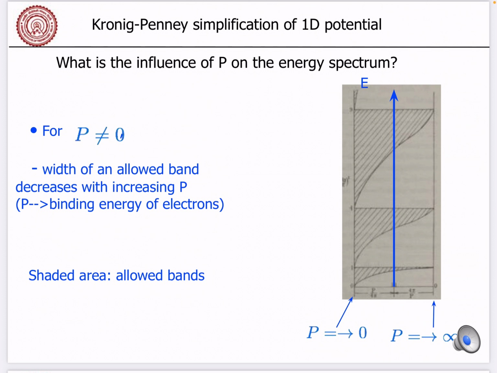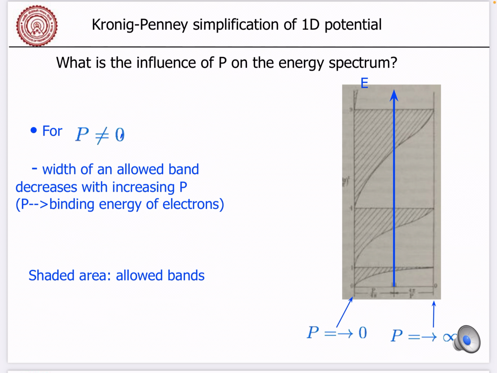They are bound within this potential, and therefore this becomes like a particle, an electron, in a box potential, and the states become discrete again. So at P tends to infinity you do not see any band anymore. This becomes a discrete state. The shaded area is the allowed band.